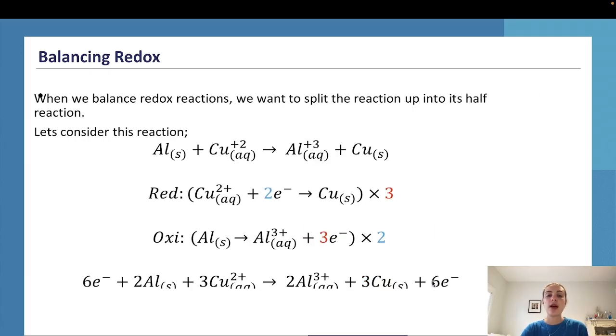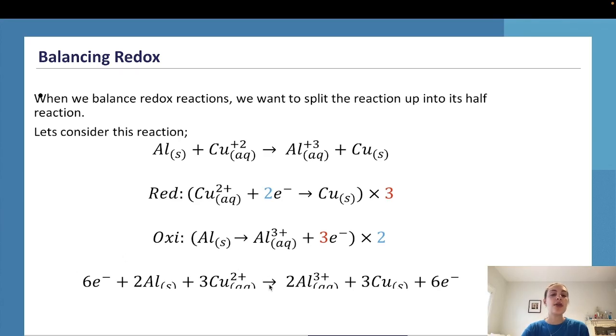And so when we do that, we can then add up the reactions together. So we'll end up with 3 copper 2+ plus 6 electrons makes 3 copper solid, and then we'll end up with 2 aluminium solid makes 2 aluminium 3+ plus 6 electrons.